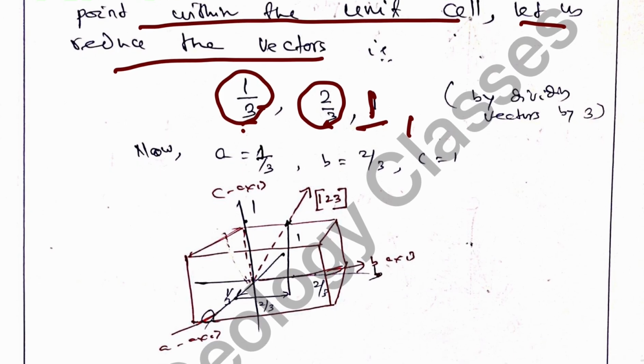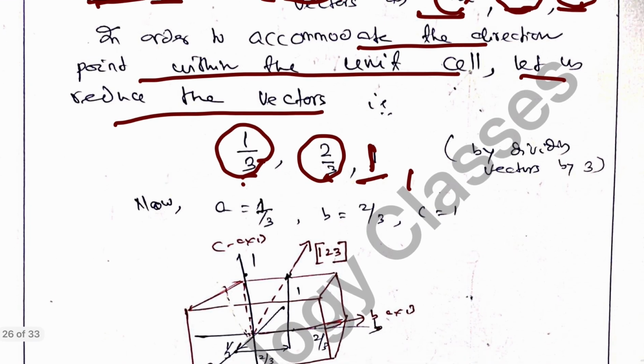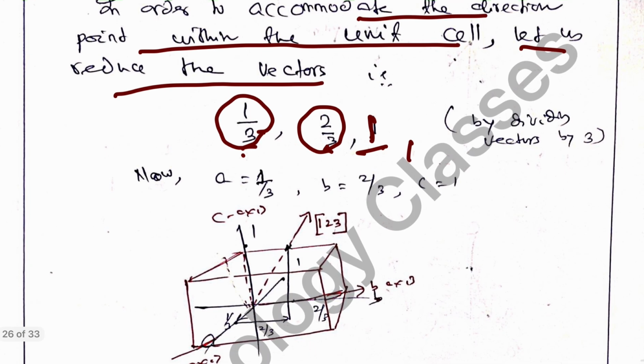So along A, this is the A. Along A we go 1/3. Along B this is 2 by 3. So along A we move 1 by 3, then parallel to B 2 by 3, then parallel to C, this is 1 unit, this is 1.